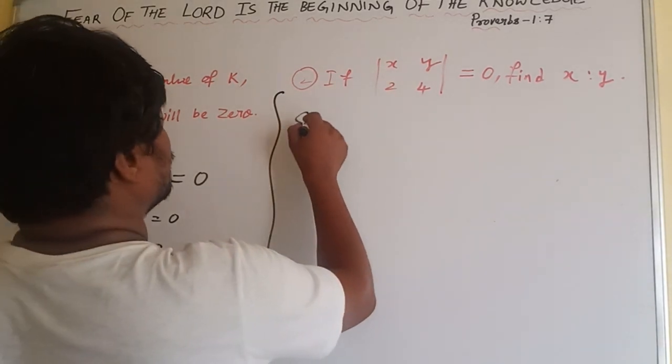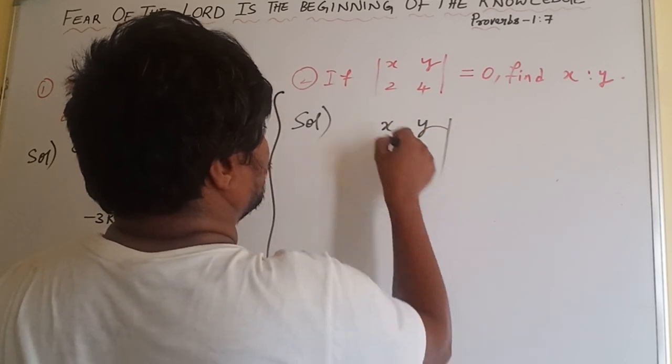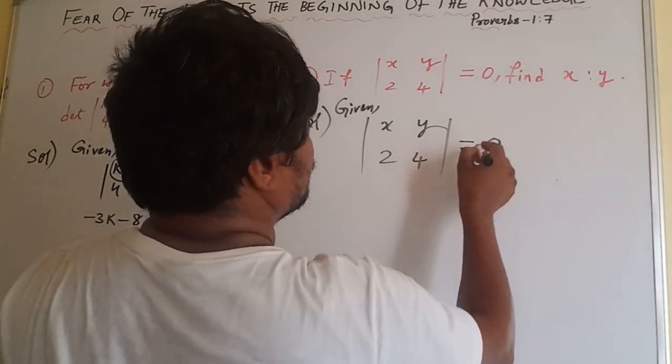Same method again. Solution: modulus of x y, 4, 2, we have modulus, not determinant, is equal to 0.